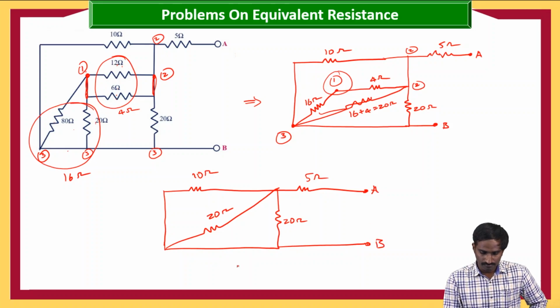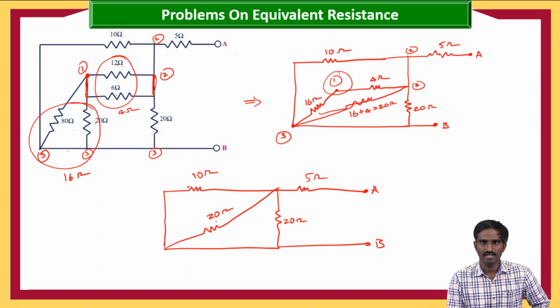Again, as you can see, these 20 and 20 and these 10, these three are in parallel. First let us take 20 and 20. 20 in parallel with 20, then the equivalent resistance must be 10. This 10 and 10 are in parallel, then the equivalent resistance must be 5.